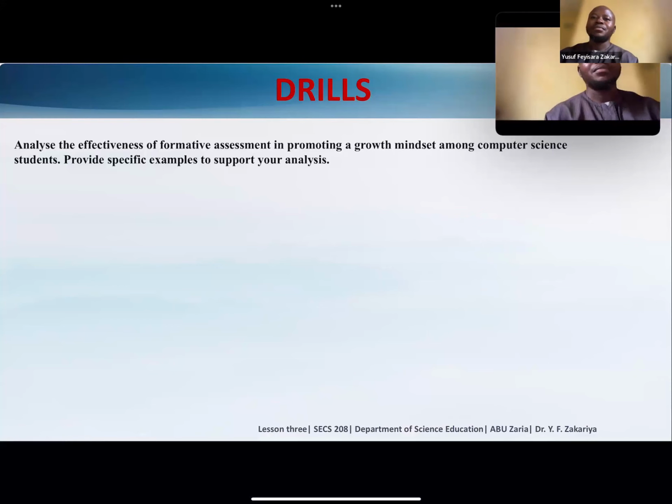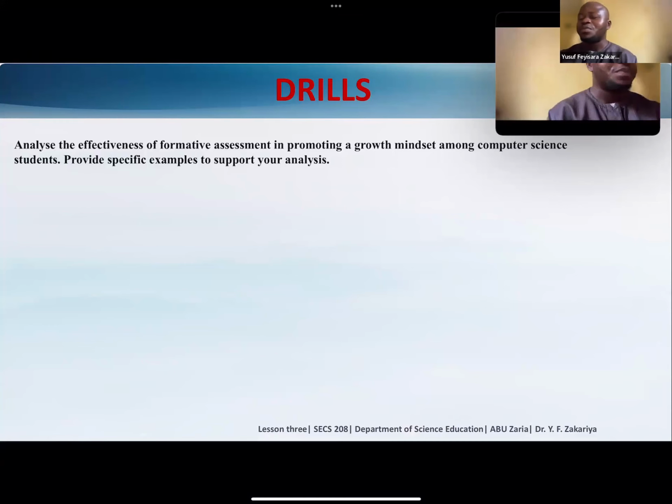In my own understanding, the effectiveness of formative assessment can be seen in the following steps. Like 1, help students to track their progress and make adjustments in real-time activity. You are answering the question. I said the key points you are going to include in your answer.